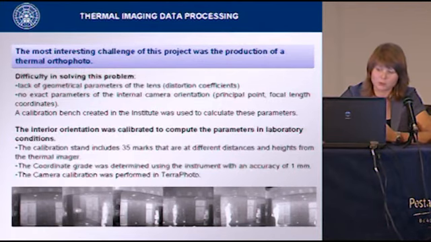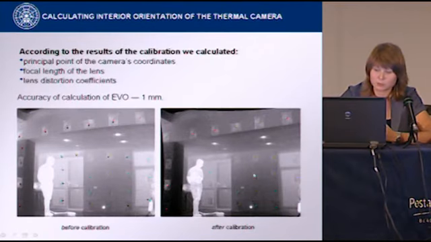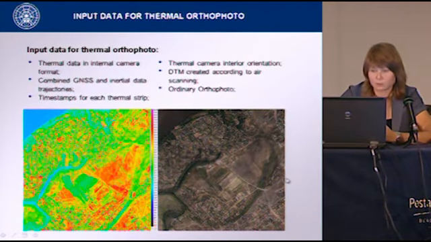We have calculated calibration parameters for it, the elements of internal and external orientation. For that we used a specialized stand, and on this slide you can see exactly what results it shows before and after calibration.